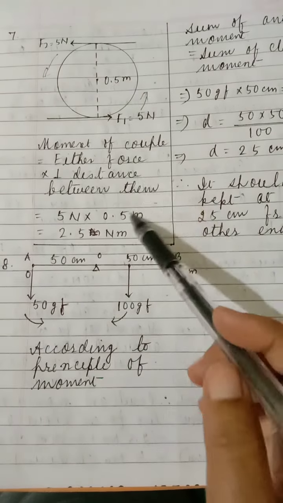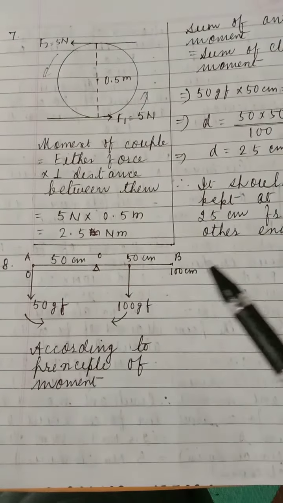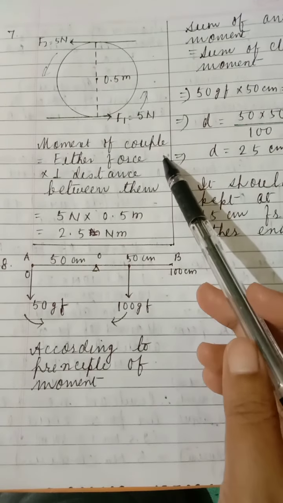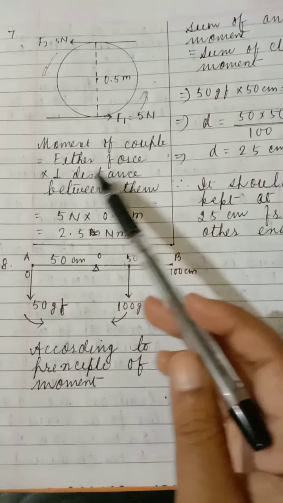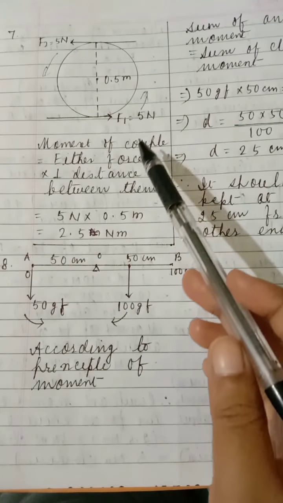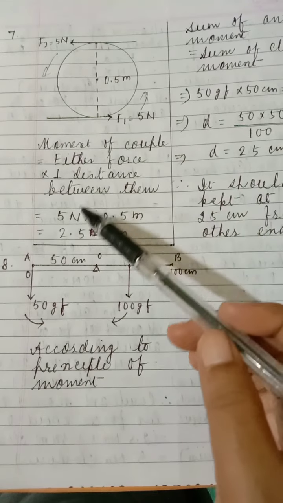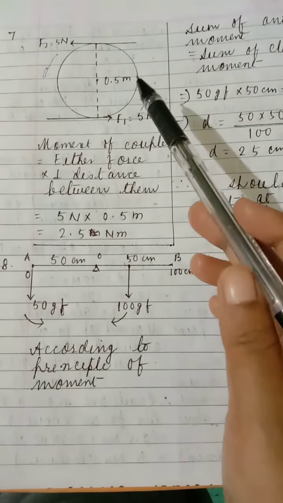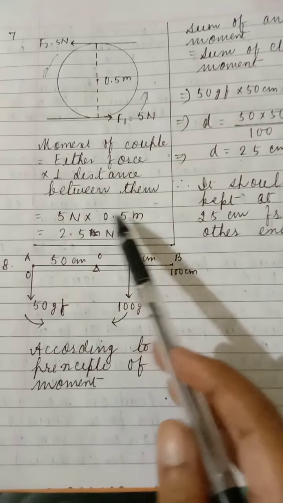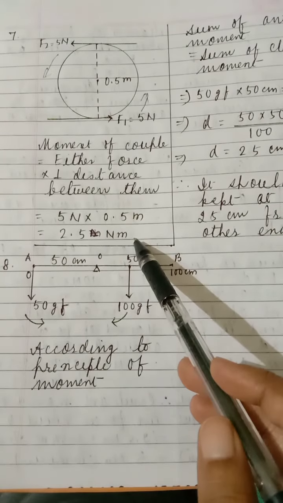These are two equal and opposite forces not acting along the same line, so we can find the moment of couple directly: either force into the perpendicular distance between them. So it's 5 Newton into 0.5 meter, the perpendicular distance between them. So it's 2.5 Newton meter.